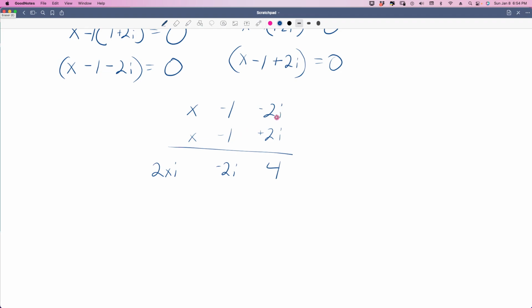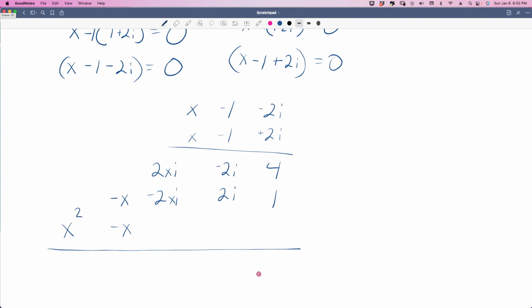That would make this a positive 2i, positive 1, and a negative x. So I'm just going to do a negative x over here by itself. Now, x times negative 2i would be a negative 2xi. This would be a negative x, and this would be x squared.